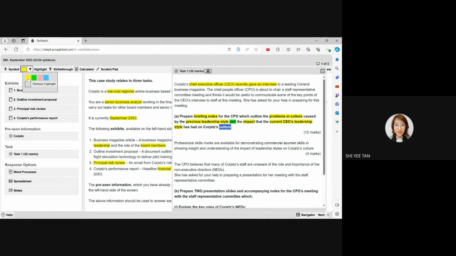Sometimes it looks very confusing. Why? Previous, then current and so on. What is wanted? If you break it down, you will understand. It's talking about previous leadership style having problems, and current leadership style being good. So they want you to highlight the problems of the previous leadership style, how it affected the culture of the company. Culture is another keyword.